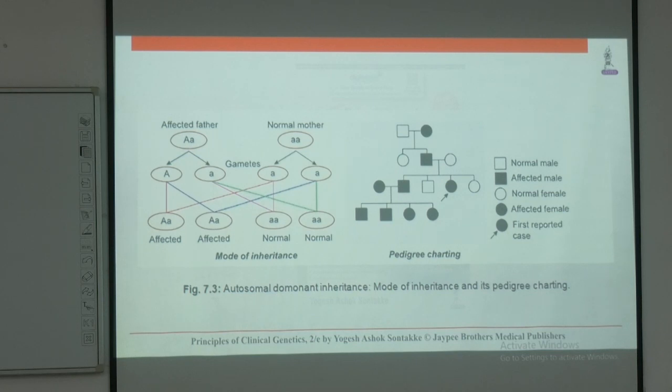The only way to bypass the disease transmitted from the father to the son or daughter is not taking the sperm from the father, but going for the donor sperm and in vitro fertilization. So understanding the pedigree shouldn't hold your learning there.